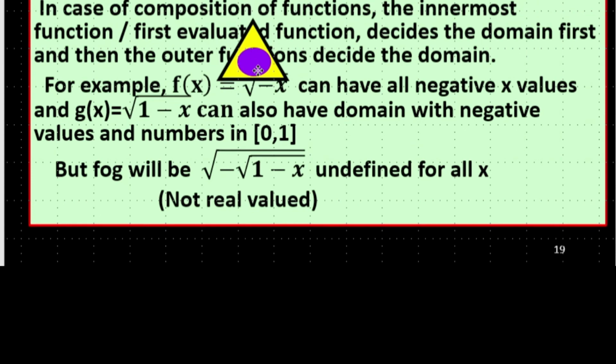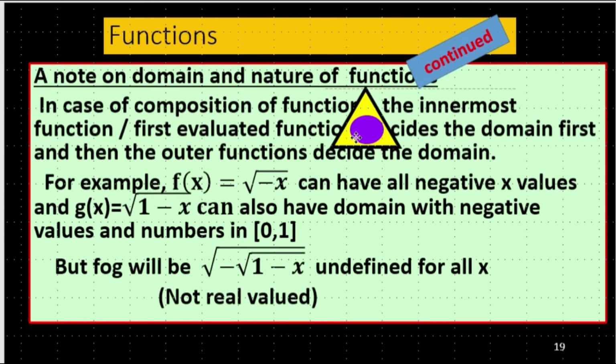A note on domain and nature of functions, continued. In case of composition of functions, the innermost function, or first evaluated function, decides the domain first, and then the outer functions decide the domain.